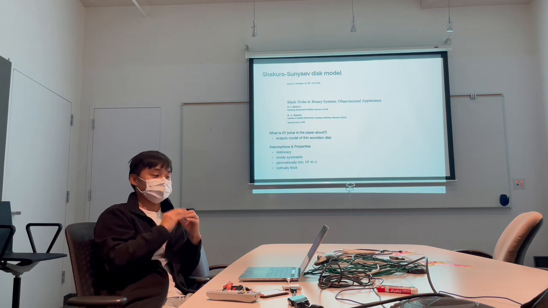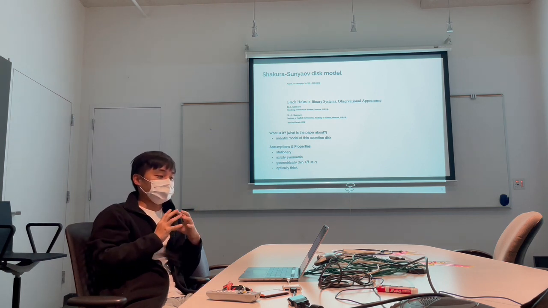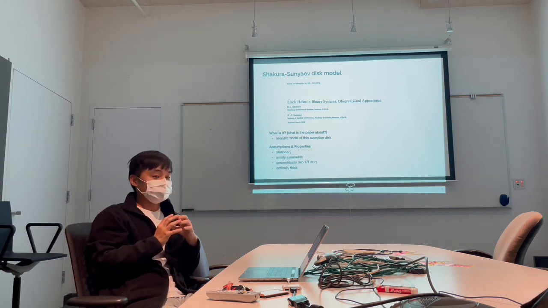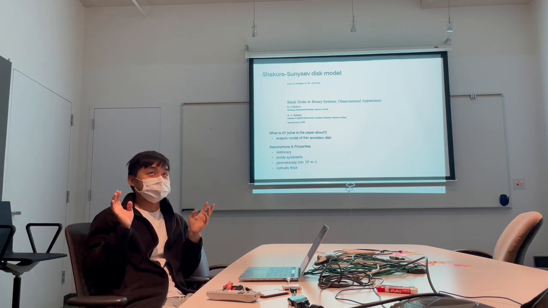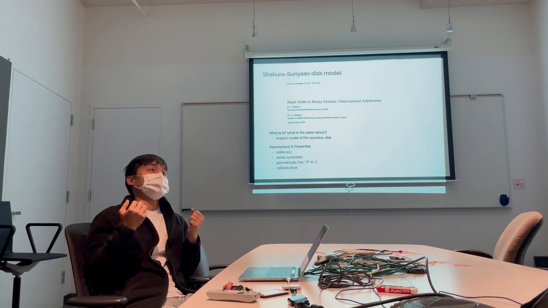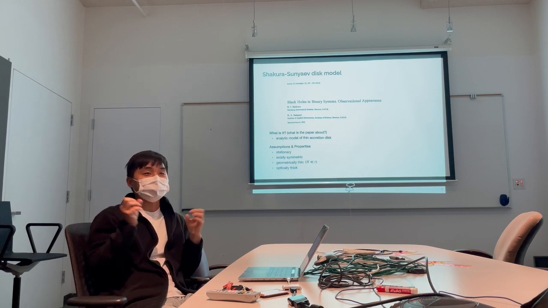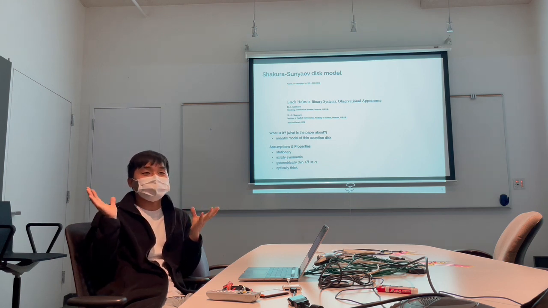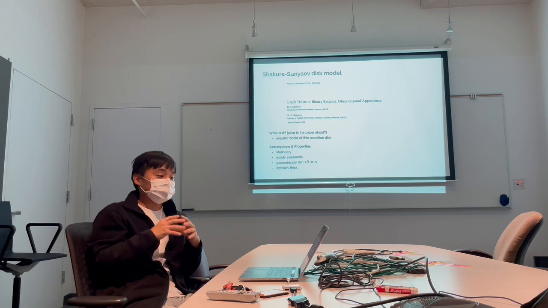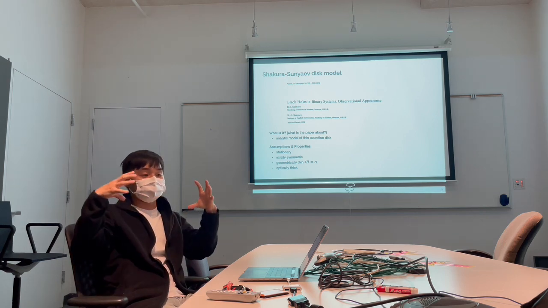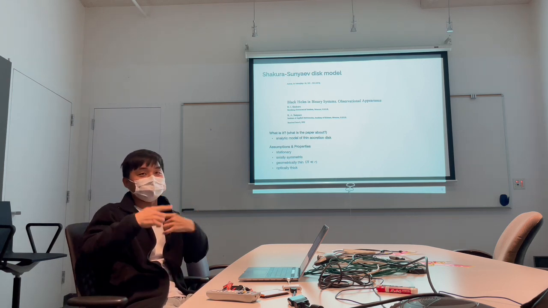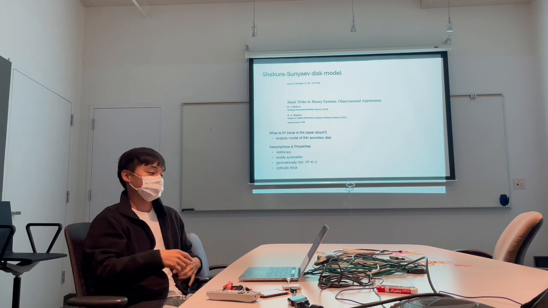Just to recall, for someone who's not really familiar with optically thin, thick, or opacity: if a gas body is optically thin, the radiation just escapes, so it's transparent to radiation. But if it's optically thick, the radiation stays and tries to balance with local thermodynamic equilibrium.